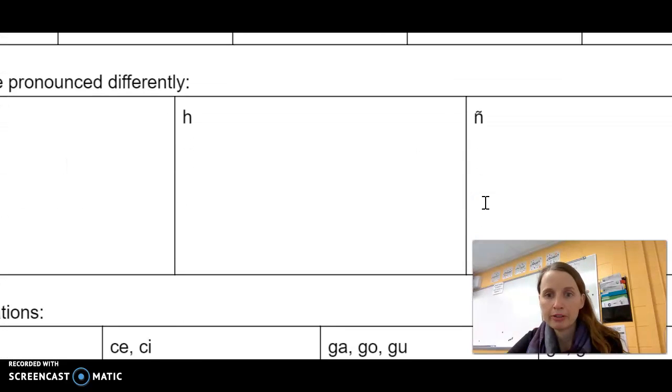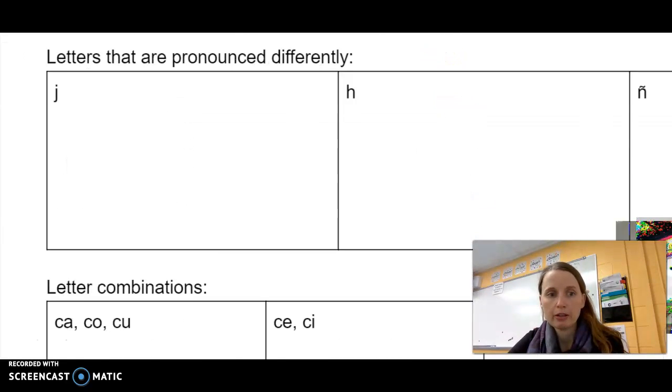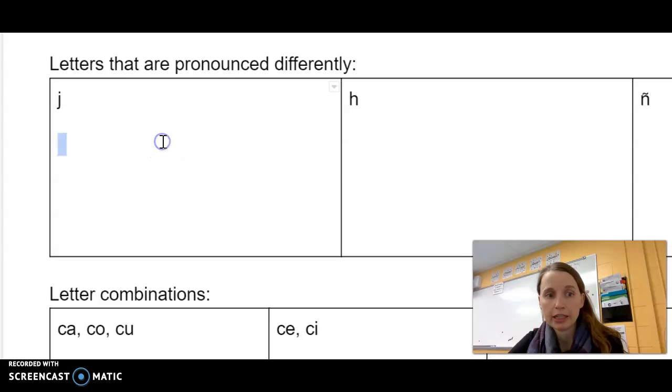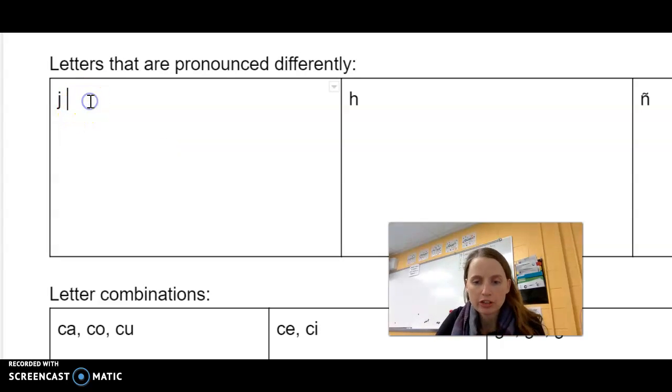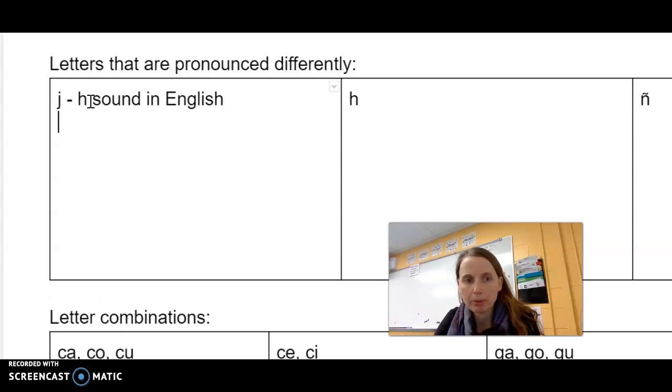All right, here's some letters down here that don't really follow how we pronounce things in English, okay? So we have this letter. In Spanish, the letter is called jota, jota. It makes like an H sound in English. So maybe write that to help you remember.